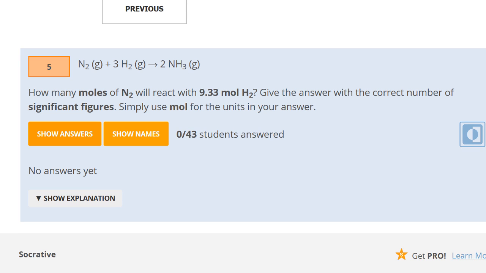We'd like to know how many moles of N2 will react with 9.33 moles of H2. Give the answer with the correct number of significant figures.